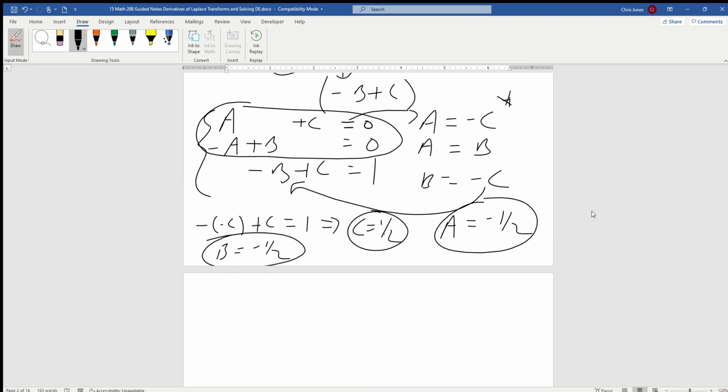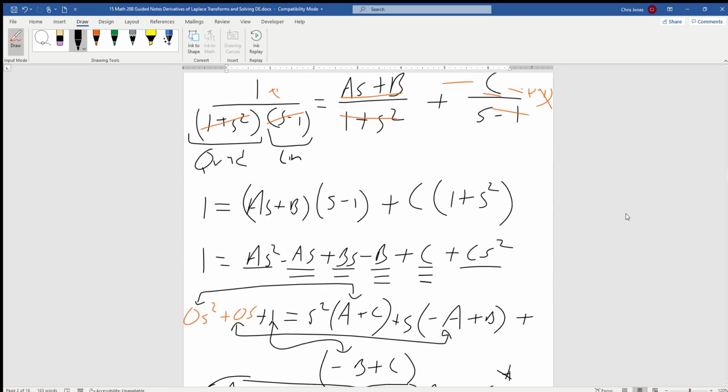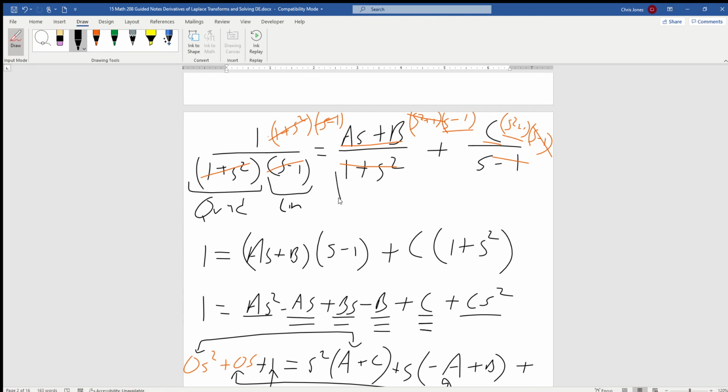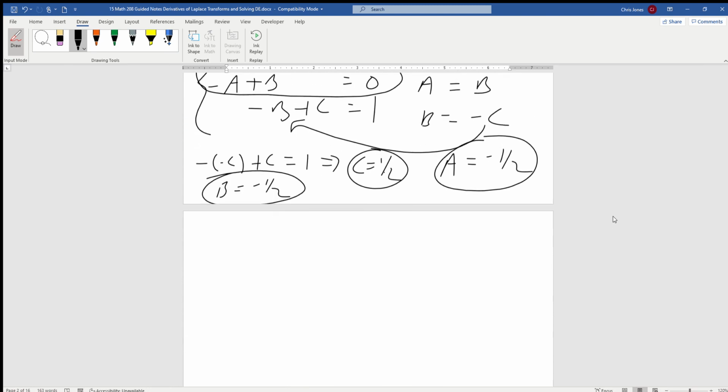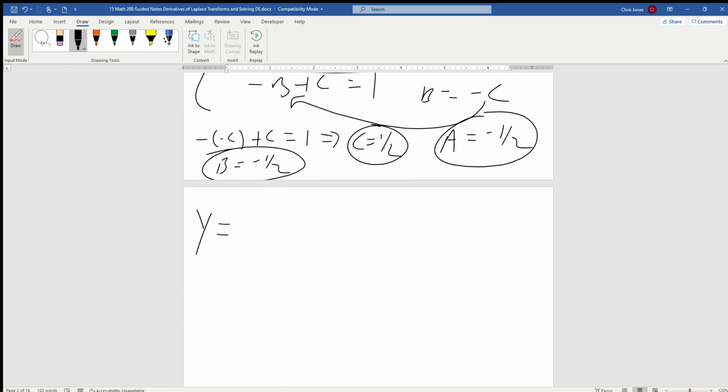All right, so remember all the way back up, this was our decomposition. So we have as plus b over 1 plus s squared plus c over s minus 1, and we're just going to plug in for a, b, and c. Remember we had y is equal to the inverse Laplace of all that stuff.